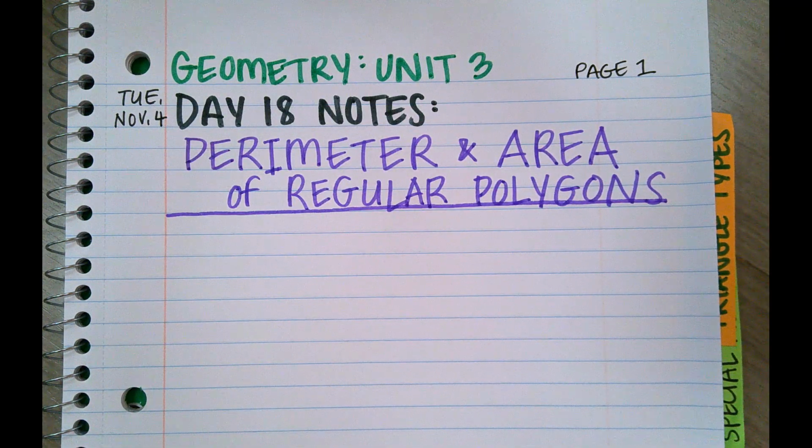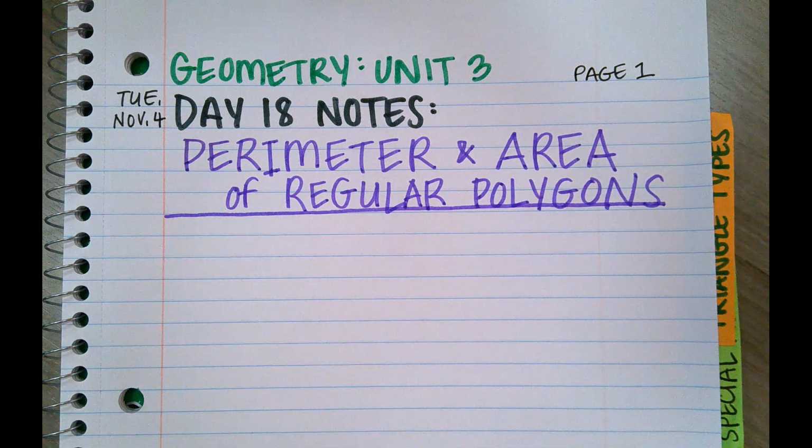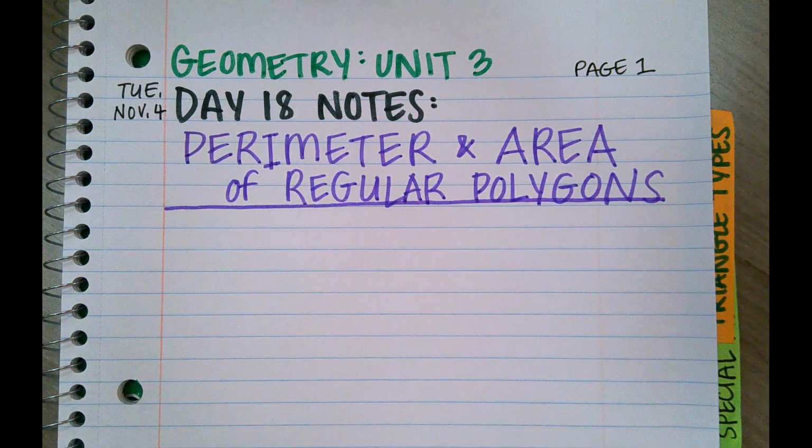How long are all of those sides put together? Perimeter measures the length, the total distance around the shape. So it is like saying the area around the shape. The only reason I say that's not all the way correct is because we don't want to describe perimeter as area, since area is something different. So perimeter is the distance around a shape.